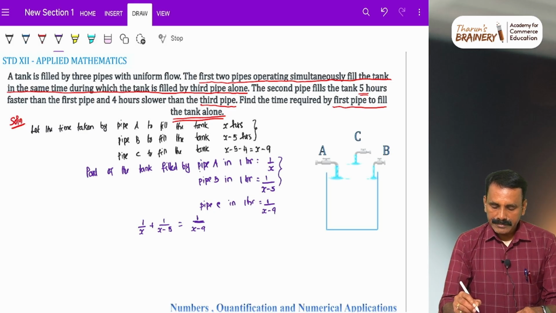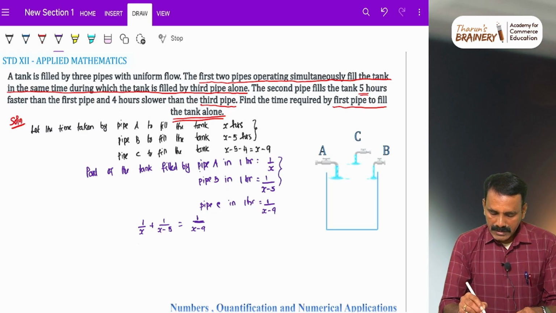Now we take LCM. So it is x minus 5 plus x divided by x into x minus 5 is equal to 1 by x minus 9.